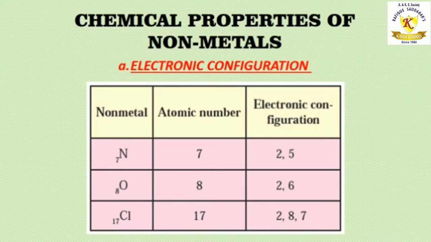And chlorine, 17, has electronic configuration 2, 8, 7. That means most of the non-metals have 4 to 7 electrons in their valence shell. It must be clear with these examples. Isn't it, children?